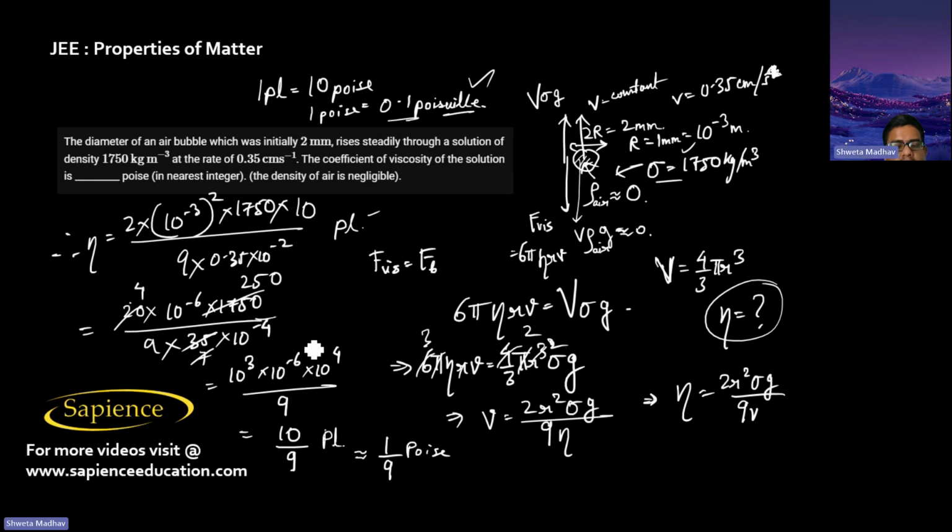So in Poise we have to find is 1 by 9 Poise. In Poisson only we have to find. So this is approximately 1 point.